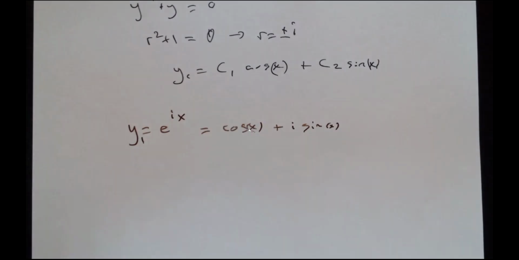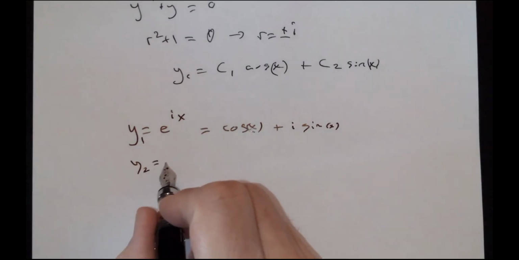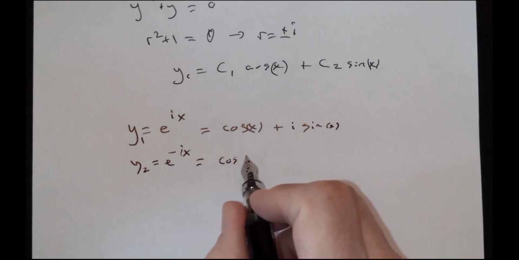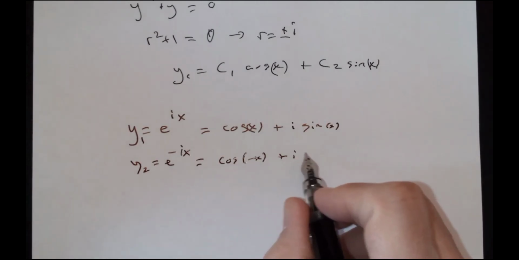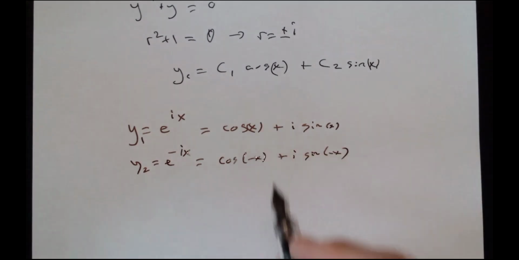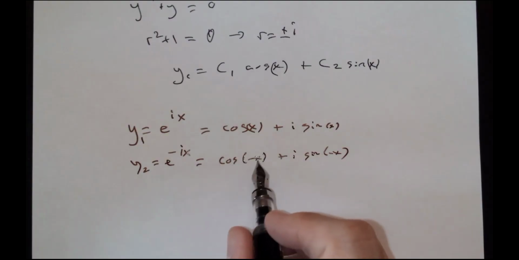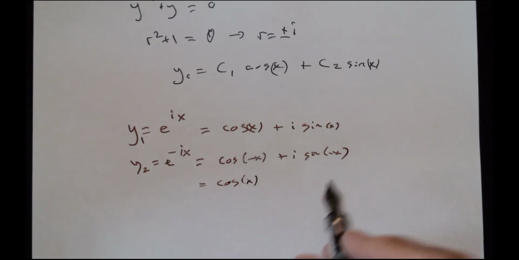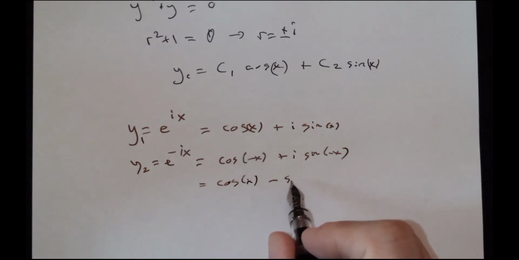But here's the issue. y1, y2. That's cosine of minus x plus i sine of minus x, right? If I add those, oh, wait a minute. Cosine of minus x, cosine is even, that's the same. Sine of minus x, sine is odd.